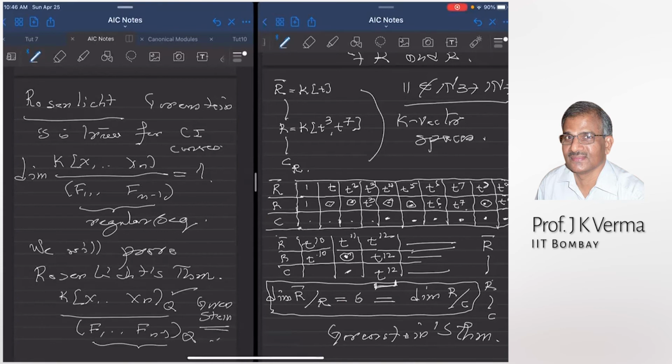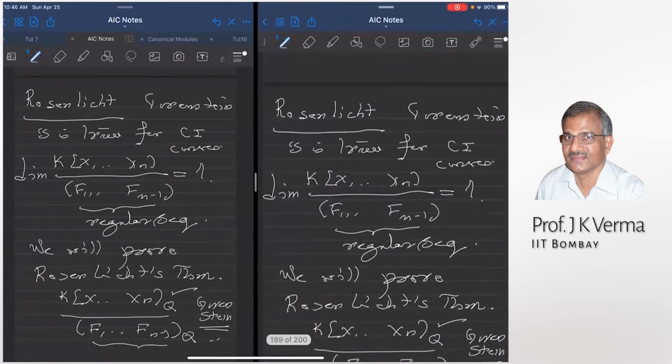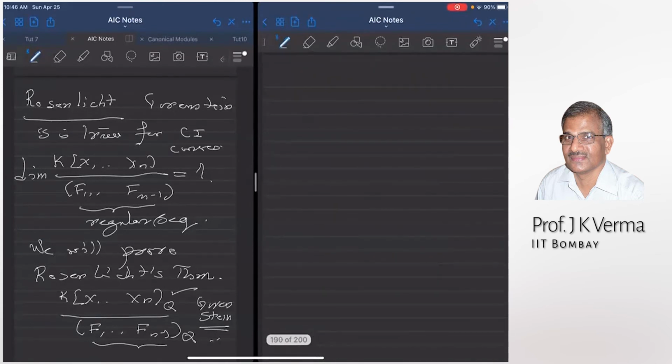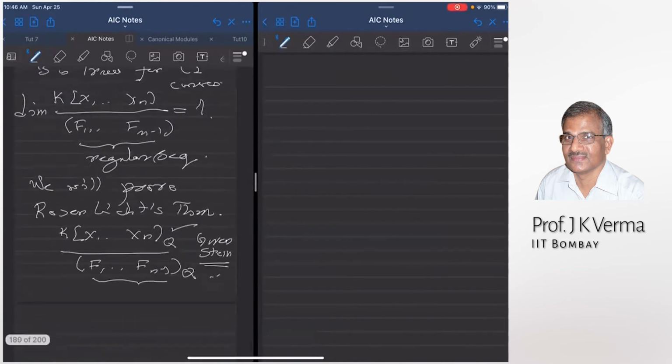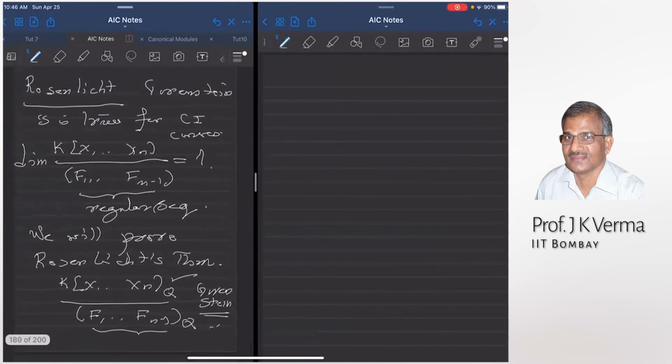So what we have is a one-dimensional Gorenstein local ring, which is a homomorphic image of a regular local ring. And we want to prove that these rings do satisfy Gorenstein's theorem. That is, the dimension of R bar over R is the same as the dimension of R over C. Okay, so that's what I want to prove. Any question?